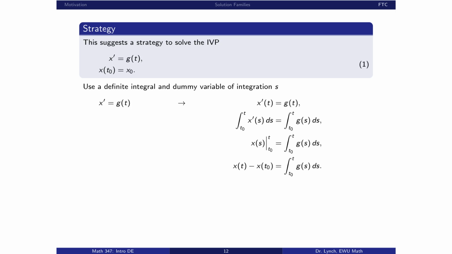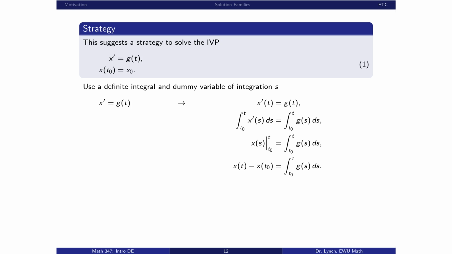We'll go ahead and introduce a dummy variable of integration, and then use definite integrals on the interval from t naught, which is the t value corresponding to the initial value problem, to t. So of course, on the left-hand side of this differential equation, the antiderivative of x prime of s ds is just x of s. Fundamental theorem tells us that this should be evaluated from t naught to t.